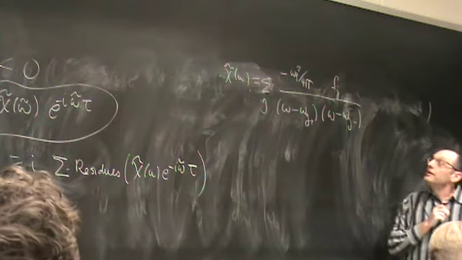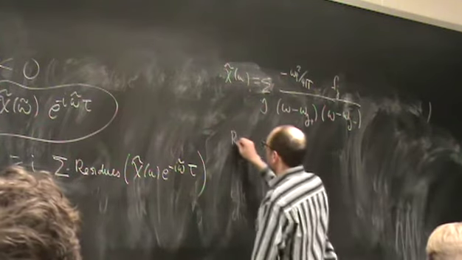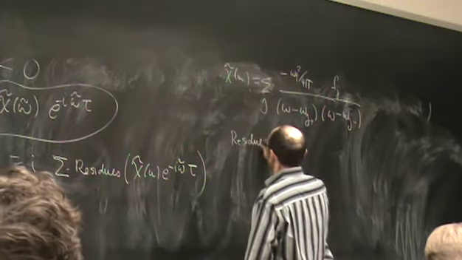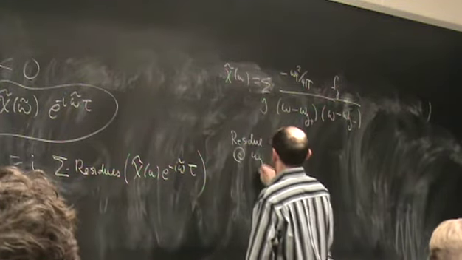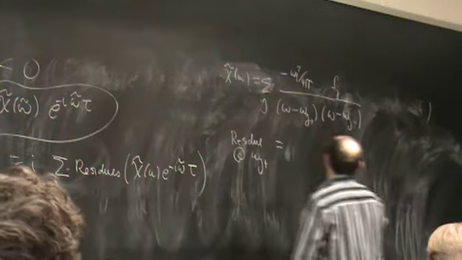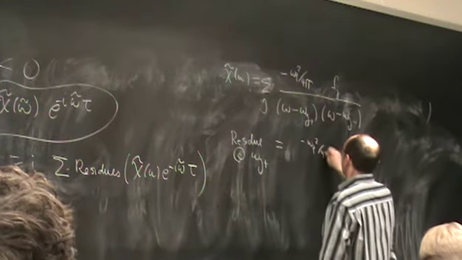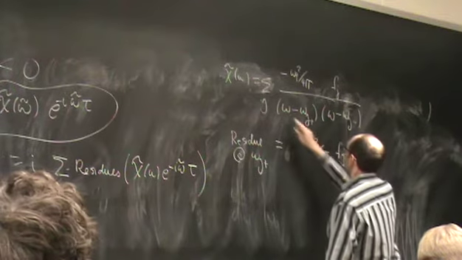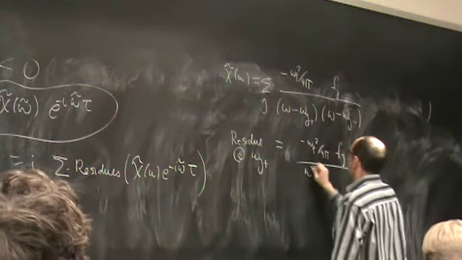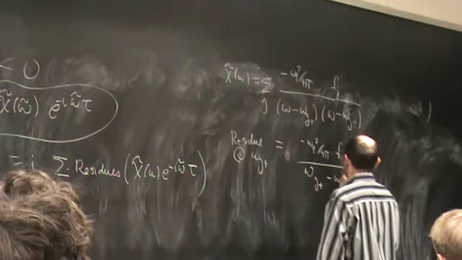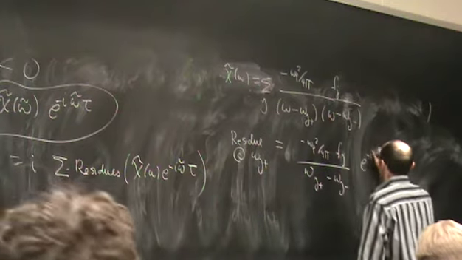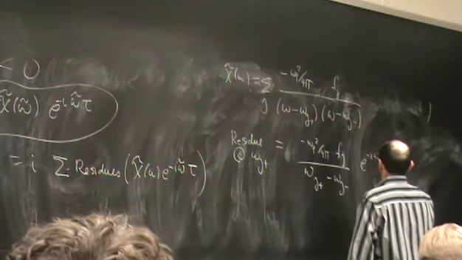Okay? So there's a residue at omega_j plus, which is equal to minus omega_p squared over 4 pi, the oscillator strength, over omega_j plus minus omega_j minus, times e to the minus i omega_j plus tau.